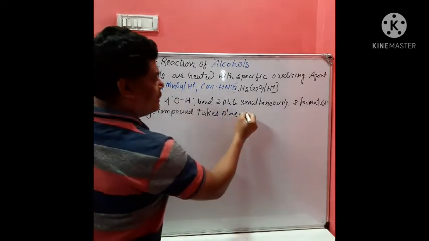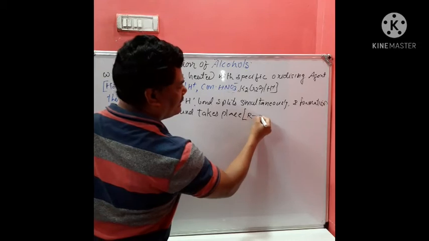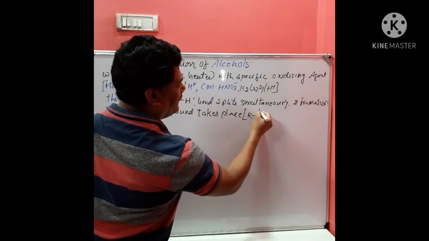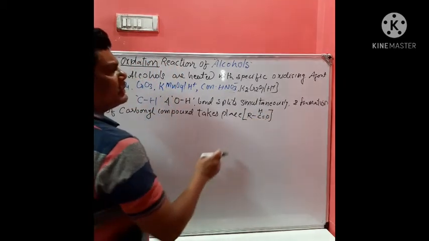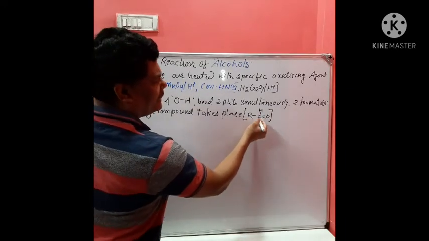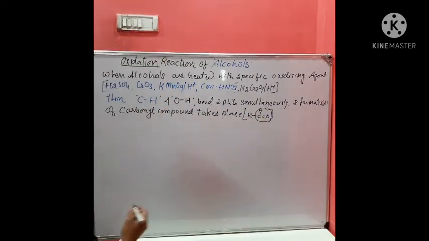Now, what is a carbonyl compound? That is R, C double bond O and H, or you can say a ketone also. So simply, a carbonyl group forms.